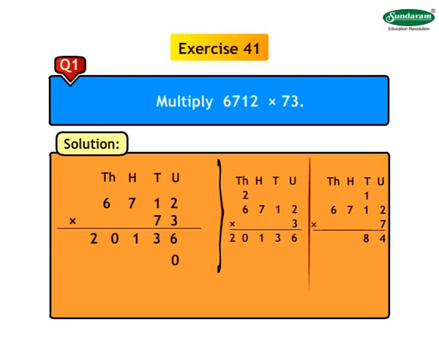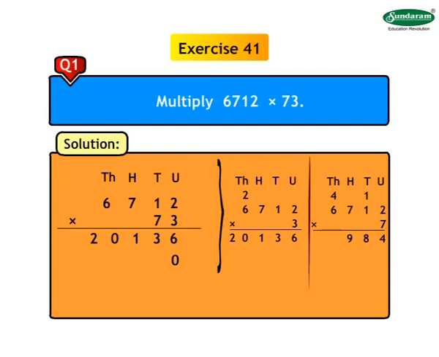Next, 7 hundreds into 7 is equal to 4900. Write 9 to the left of 8 and carry over 4 to the thousands place. Next, 6 thousands into 7 is equal to 42,000 plus carried over 4,000.